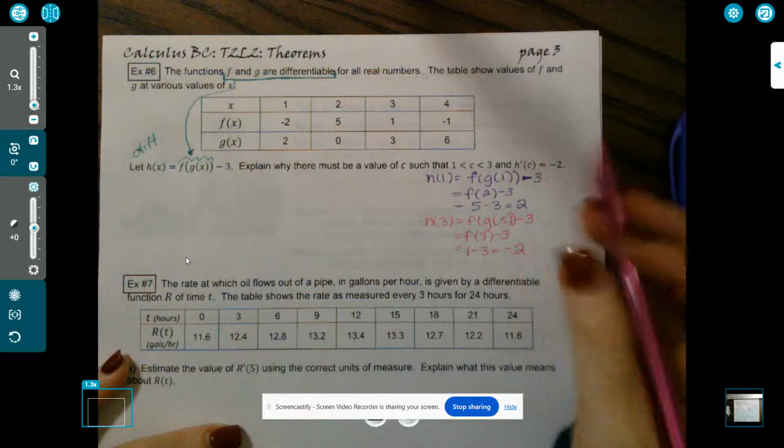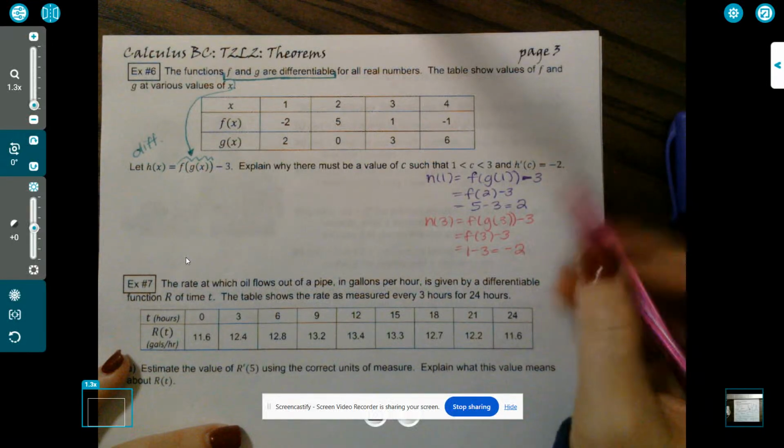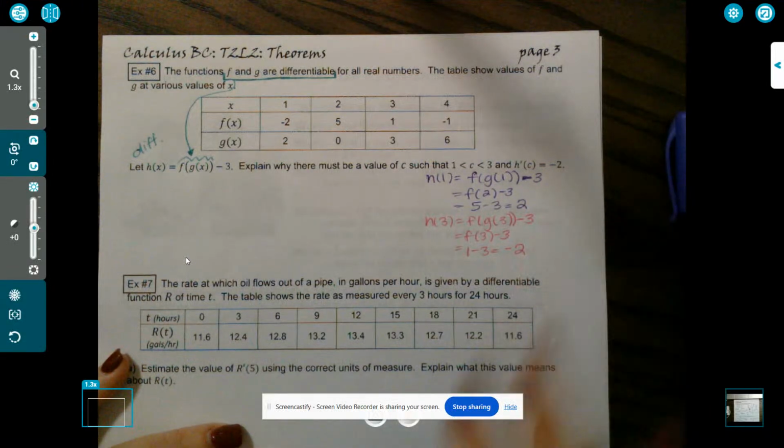Okay, so we are going from positive to negative, right? Which means we have to cross our x-axis.